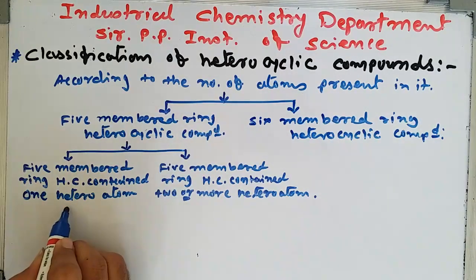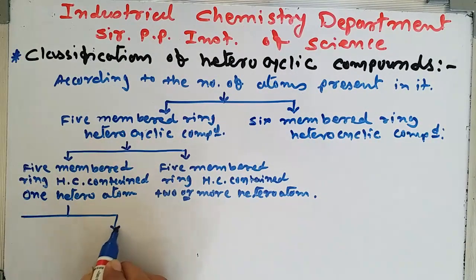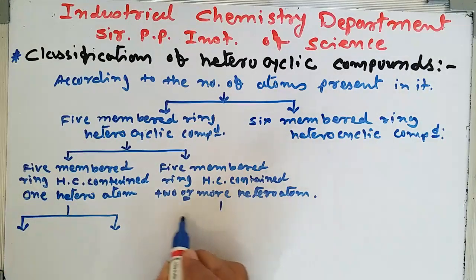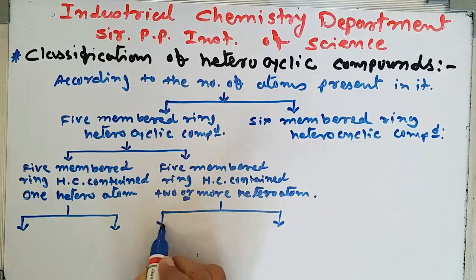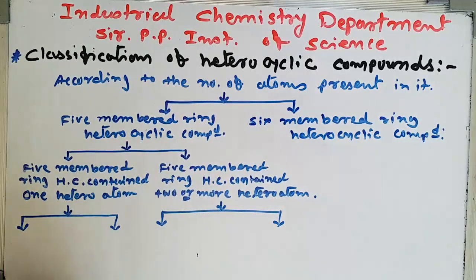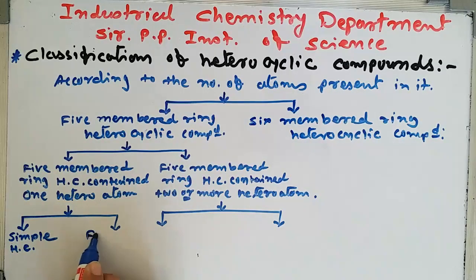And these are further classified. 5-member ring heterocyclic compounds containing one heteroatom are classified further into simple heterocyclic compounds and fused heterocyclic compounds.